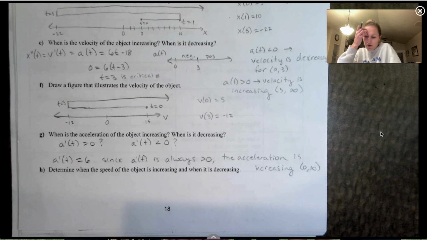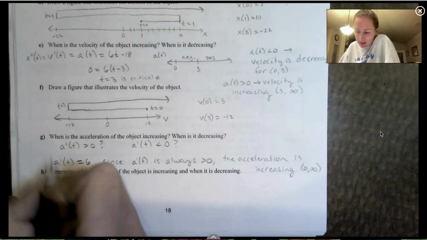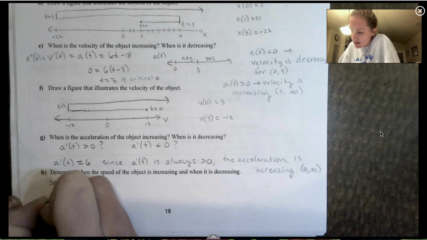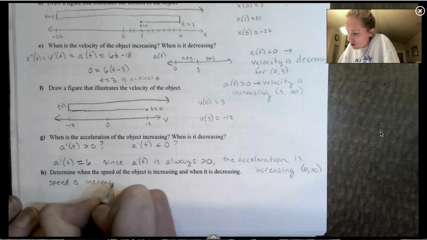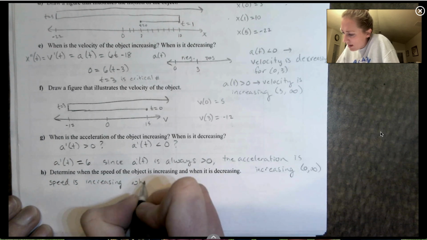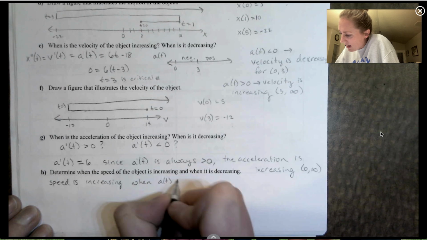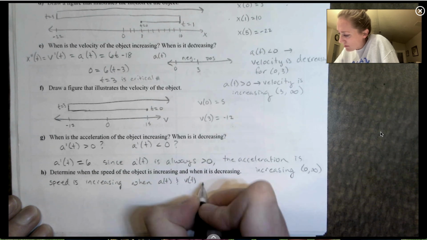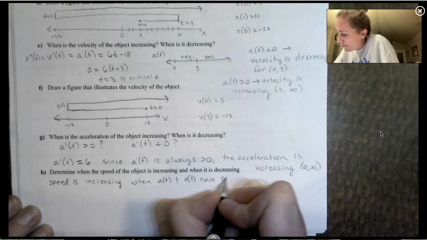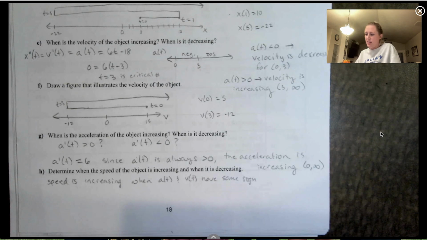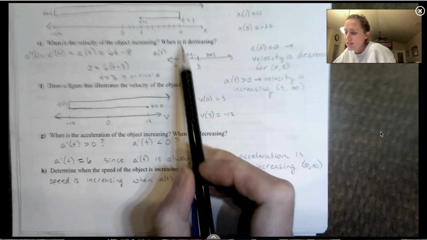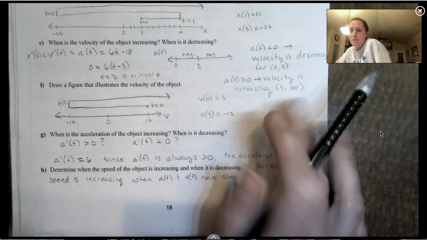So speed is increasing when a and v have the same sign. Where does that happen? They're both positive or both negative. I can look right here at my sign charts.